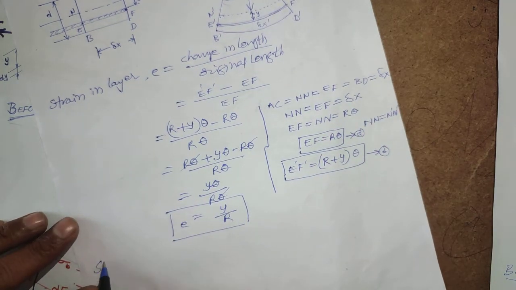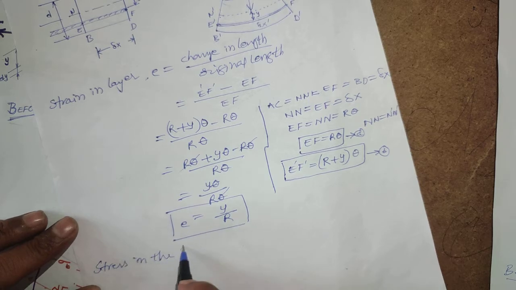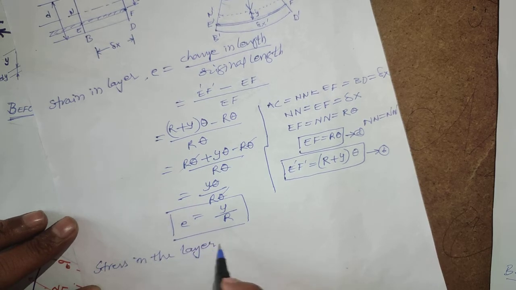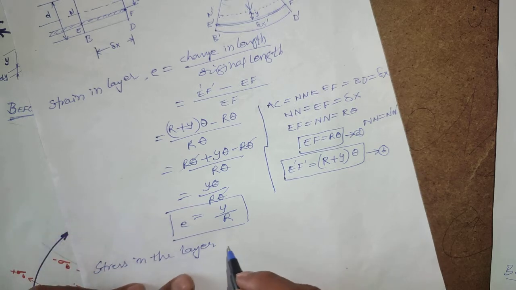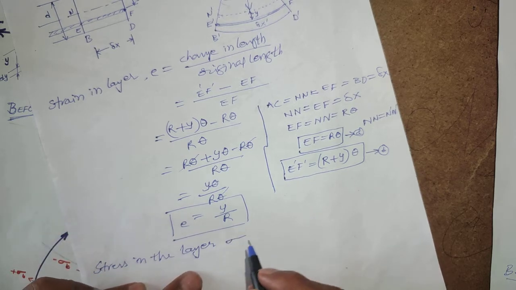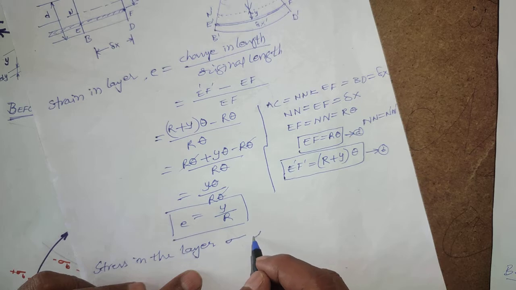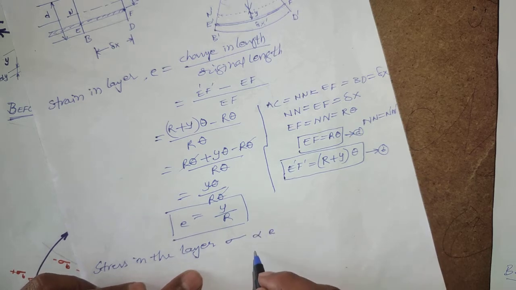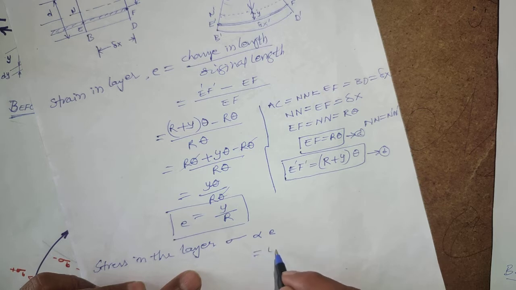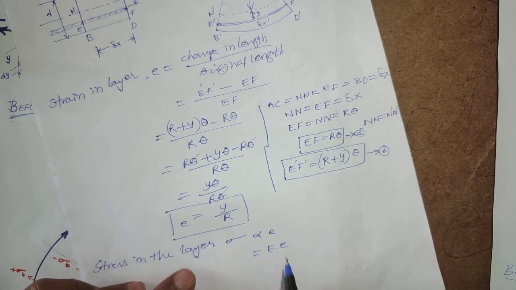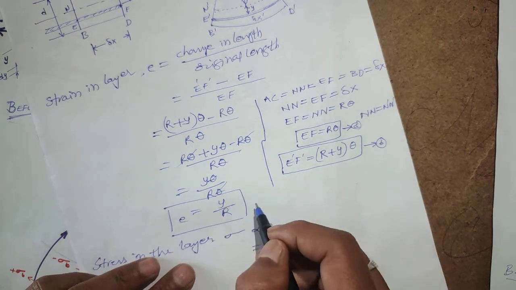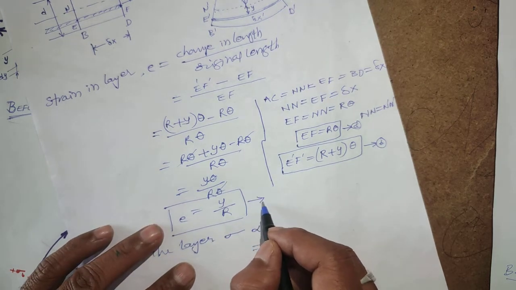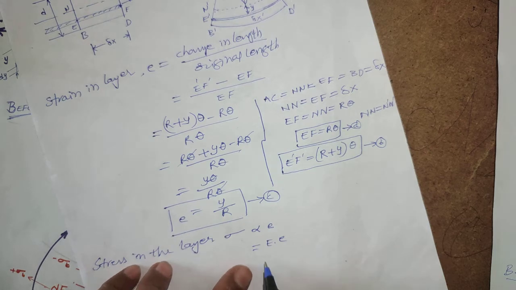Then what is the stress in the layer? By Young's law, also by Hooke's law, stress is directly proportional to strain. If you remove the proportionality, you will get Young's modulus constant into E. So substitute this, this is equation C. Substitute this C equation here.